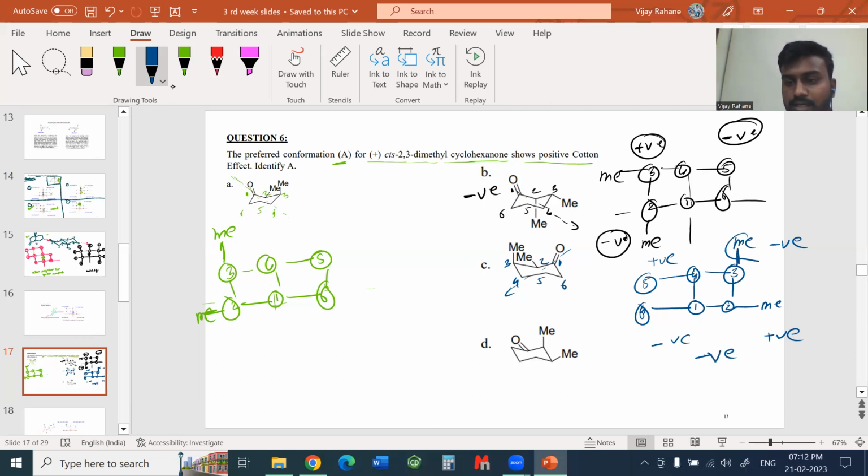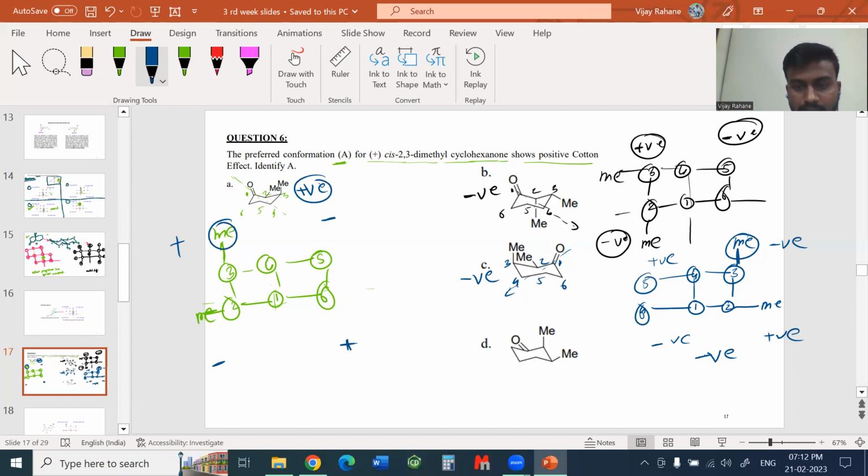Because this methyl lies on the negative side, negative Cotton effect. This one shows positive because this methyl is at this quadrant. Negative, positive, negative, positive. So this methyl is positive. So this one shows positive. This one is the negative one. This one also negative one.